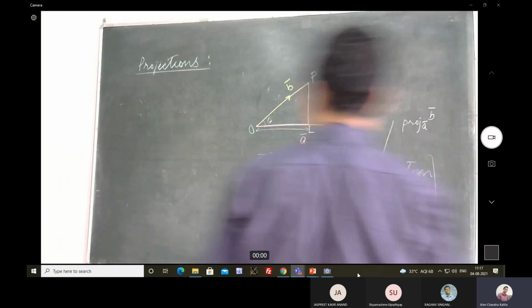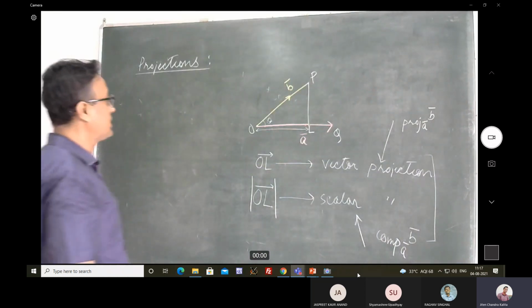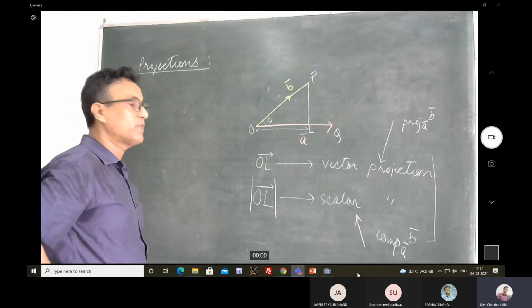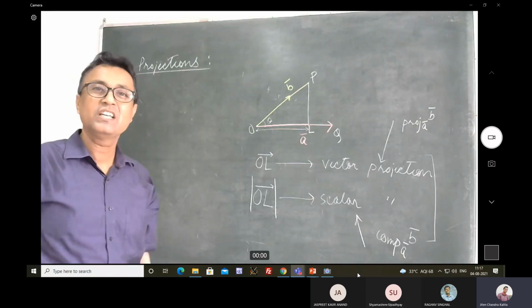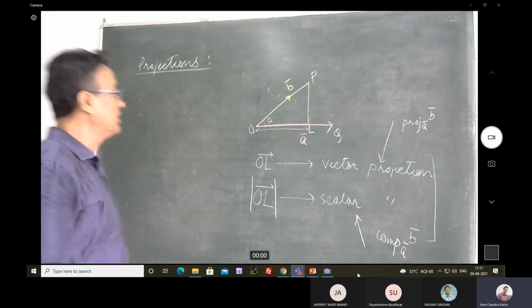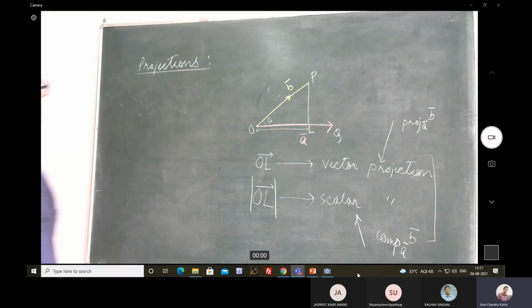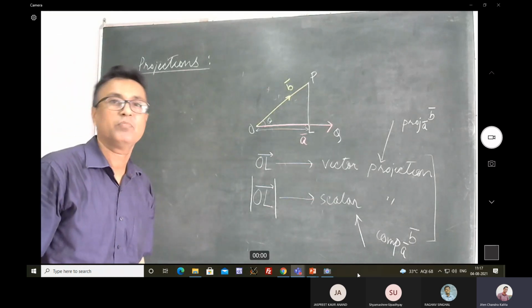Okay, so now the question is how we are going to express those vector projection and scalar projection in terms of the original vectors A and B. Okay, fine. And here the concept of unit vector is going to come in handy.